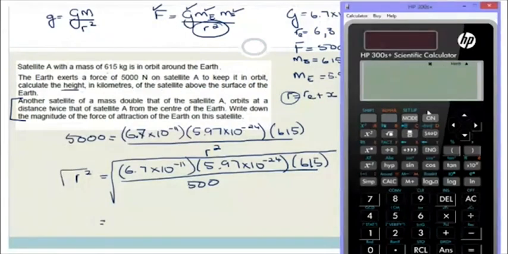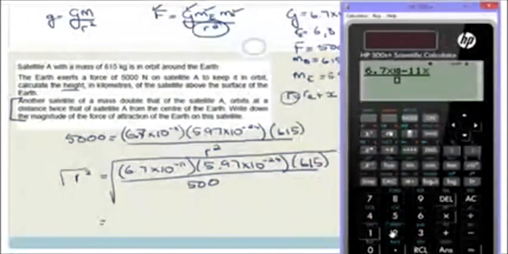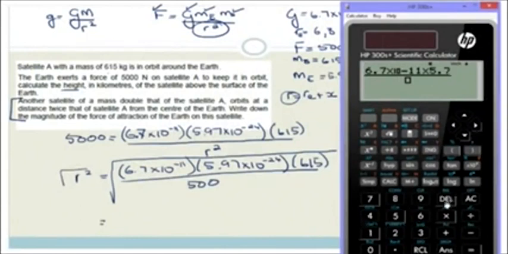So we've got a fraction and we've got 6.7 exponent negative 11 multiplied by 5.97 exponent negative 24 multiplied by 615 all over 5,000. That's supposed to be 1,000, I'm not going to change it now.